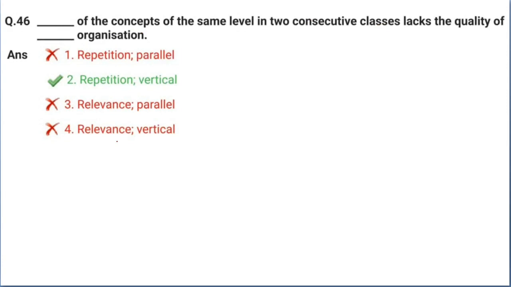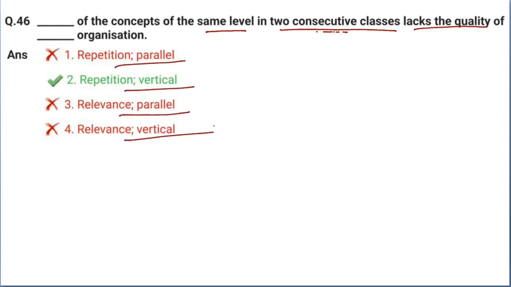Question number 46. The concept of the same level in two consecutive classes lacks the quality of which organization? Options are repetition parallel, repetition vertical, relevance parallel, relevance vertical.